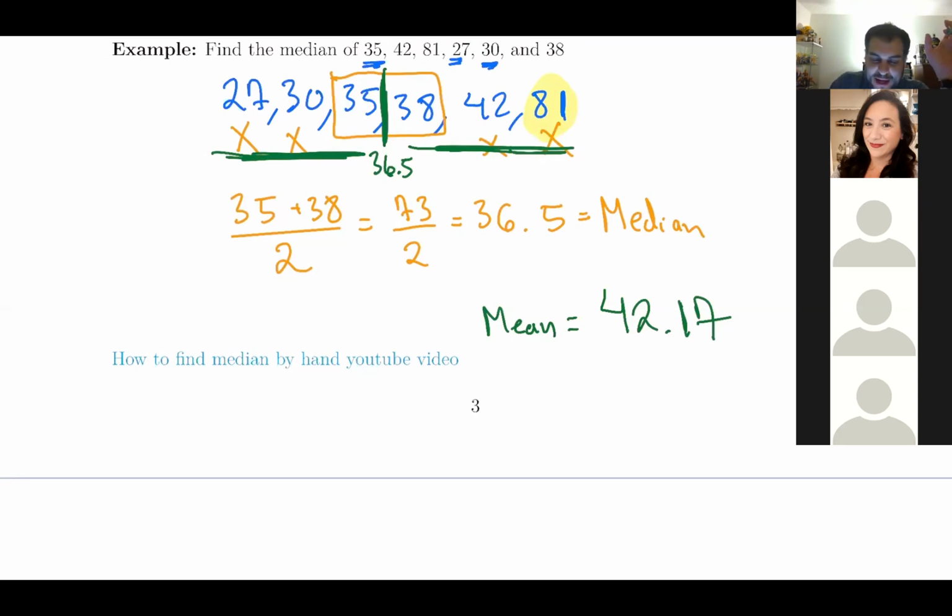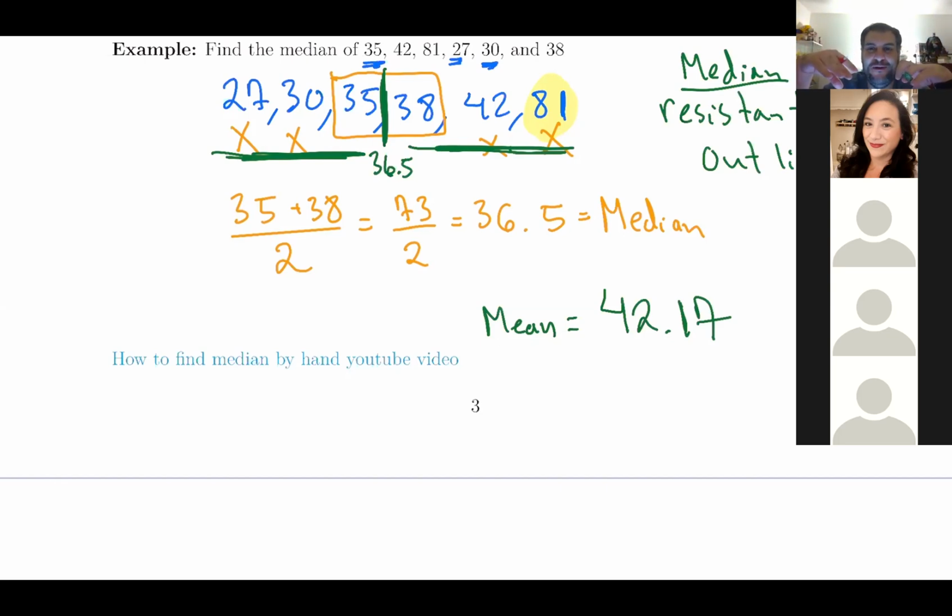The thing about the median is that it is resistant. The median is resistant to outliers, because how we calculate the median doesn't care about the lowest number or the highest number. It just cares about which number is in the middle. So the median is resistant to outliers.